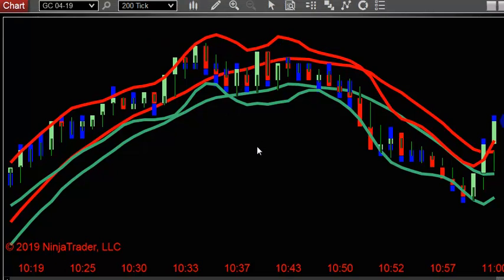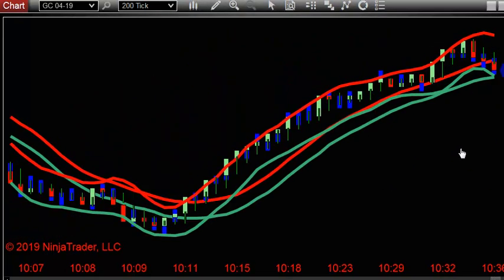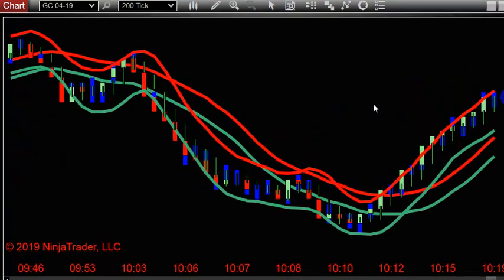Now, do you see how powerful this is? Because you can just play along all day long with the simplicity of just the red or green disappearing and the spikes holding.